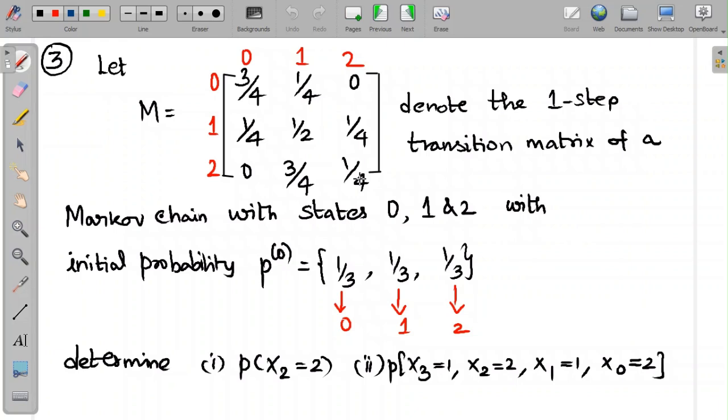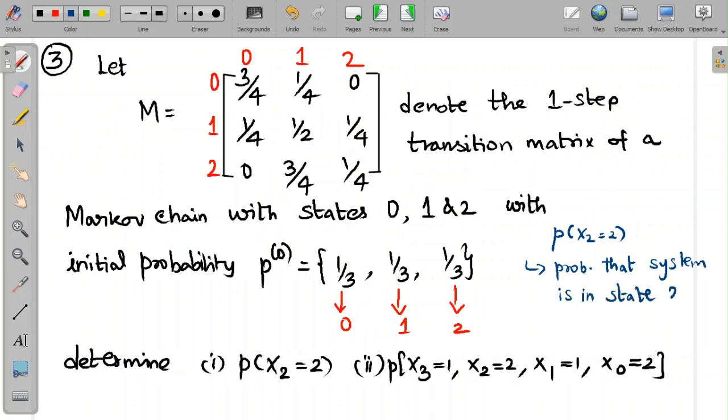The question before us is to find out the chance that P of X2 is equal to 2. Now, how do we understand this? P of X2 is equal to 2 will denote the probability that the system is in state 2 after two time steps.